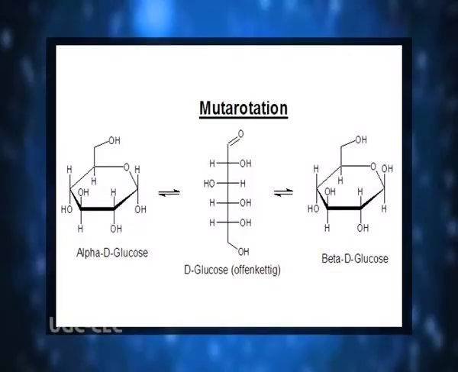The alpha and beta anomers of D-glucose interconvert in aqueous solution by a process called mutarotation. Thus, a solution of alpha D-glucose and a solution of beta D-glucose eventually form identical equilibrium mixtures having identical optical properties.